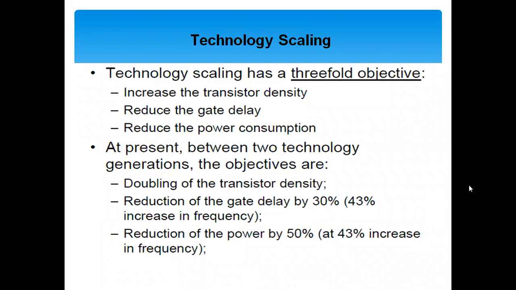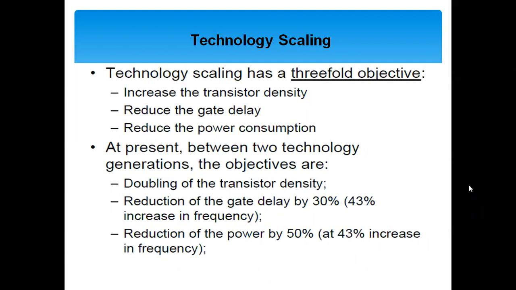At present, between two technology generations, the objectives are doubling the transistor density, reducing the gate delay by 30%, increasing frequency by 40%, and reducing the power by 50%.